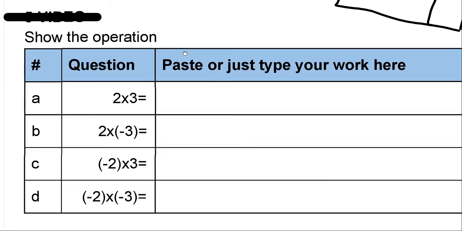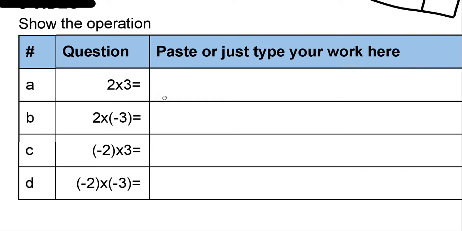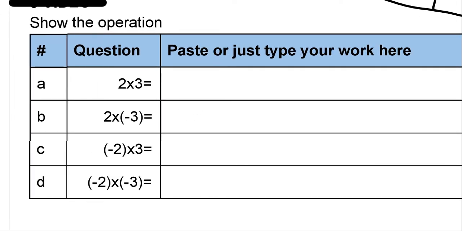Okay, moving along. So now we have these questions, which I've already showed in here. What happens if you have 2 by 3? Well, this could be the idea of 2 columns of 3, or three rows of 2.